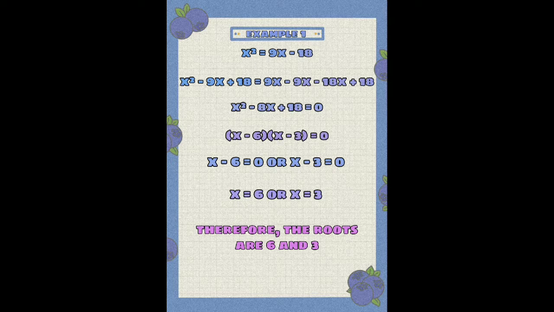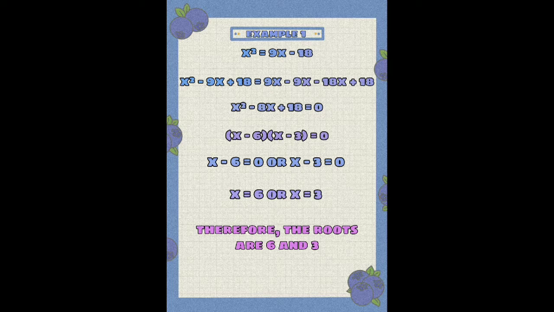So, x squared minus 9x plus 18 is equals to 9x minus 9x minus 18 plus 18. Write the equation in standard form by adding negative 9x and 18 on both sides. So, x squared minus 9x plus 18 is equals to 0.